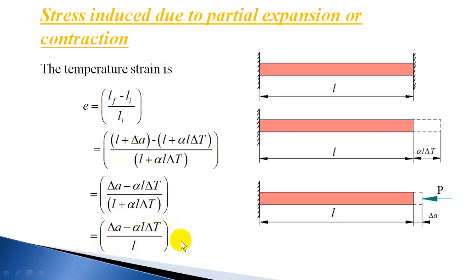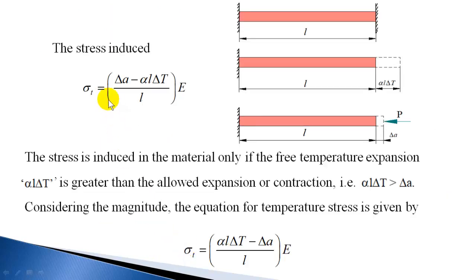And you can find out the temperature stress by multiplying this with the Young's modulus of elasticity. So this is the thermal strain, and multiplying this with the Young's modulus you will get the thermal stress induced. So stress induced is delta A minus alpha L delta T divided by L, into E.